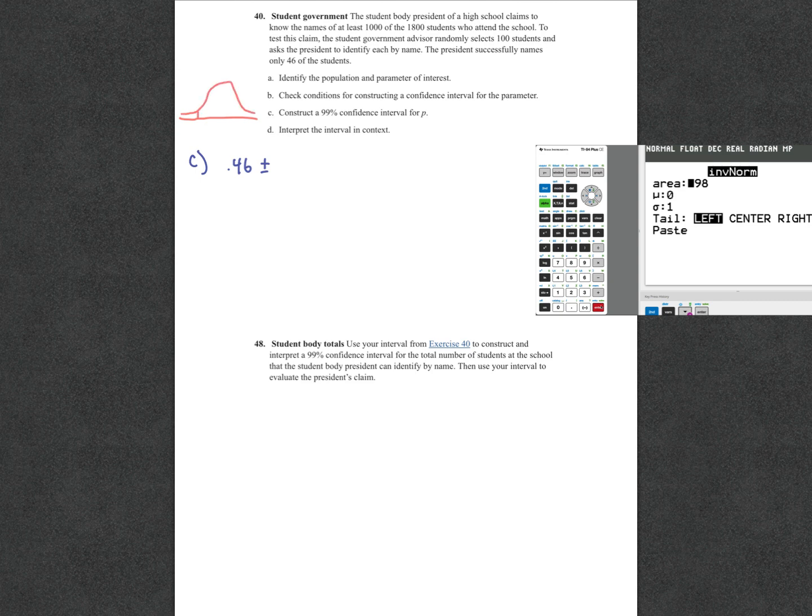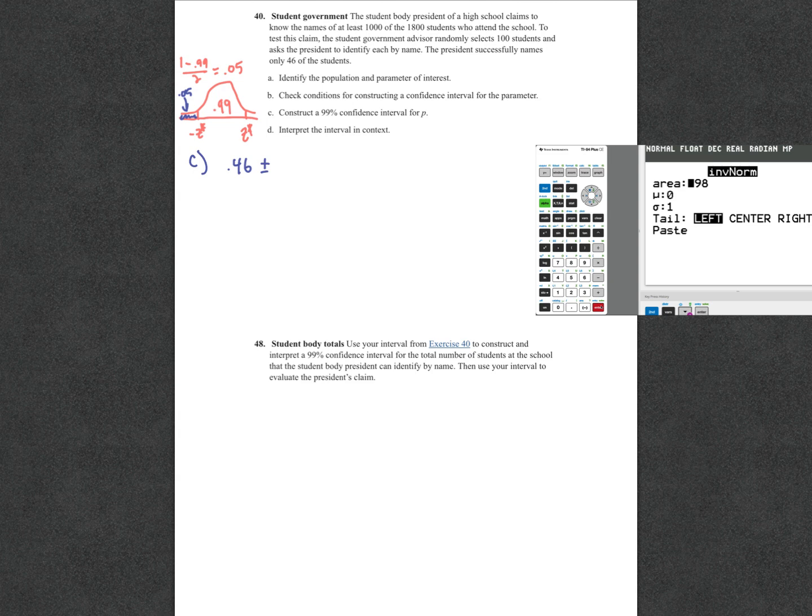We have this negative z star to z star, and 0.99 of the area is in between. So if you do 1 minus 0.99 divided by 2, this is 0.05, and that little area here is 0.05.